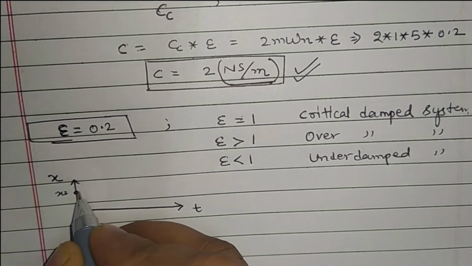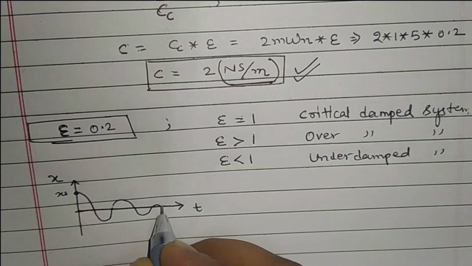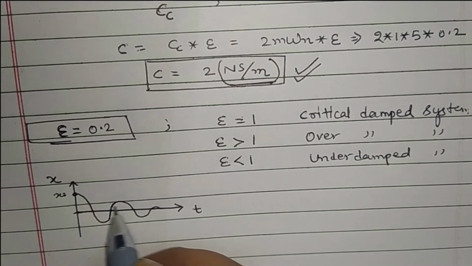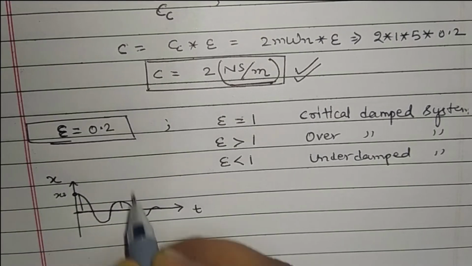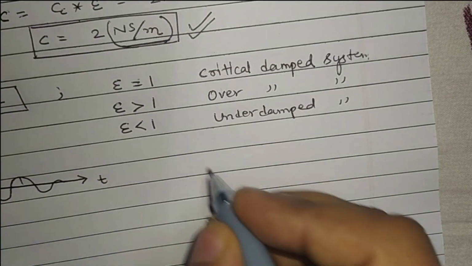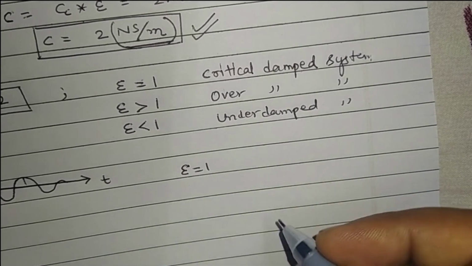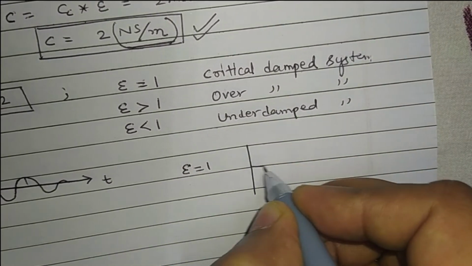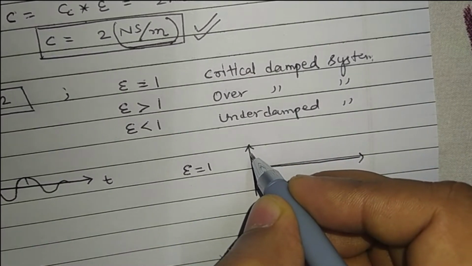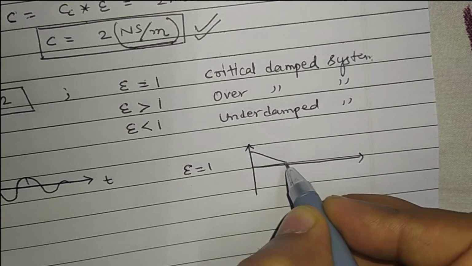It will go into oscillation before coming to rest, as the amplitude is decaying because damping is present in the system. But if the system is critically damped, then the system will not go into any oscillation. It will come to rest as quickly as possible.